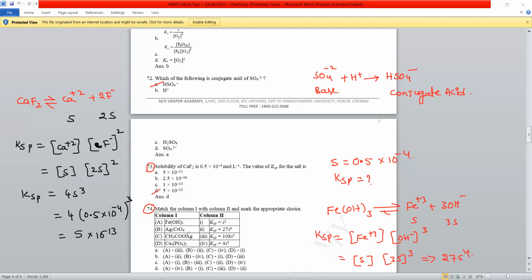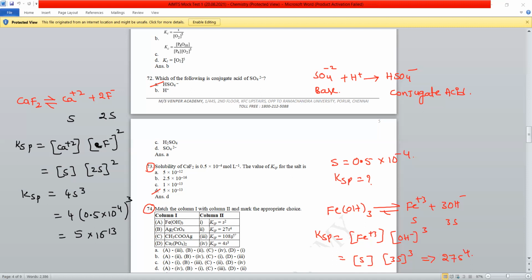In the same way we can go for silver chromate also. This will be the same as CaF2, an A2B type, so the answer is 4S cube. Silver acetate gives Ksp equal to S square.